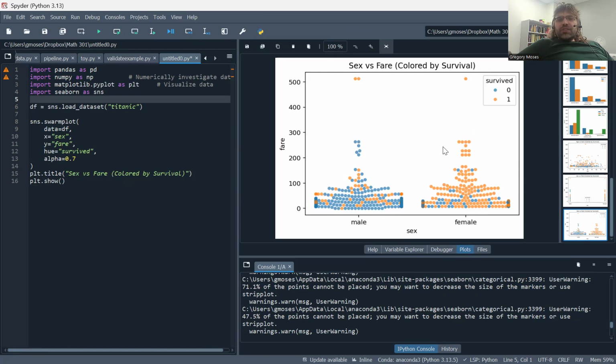And these clusters, at least at first blush, are telling a pretty clear story. And that story is that wealthier male passengers did not tend to survive, while wealthier female passengers did tend to survive.